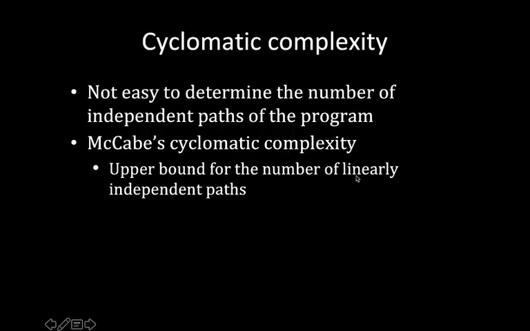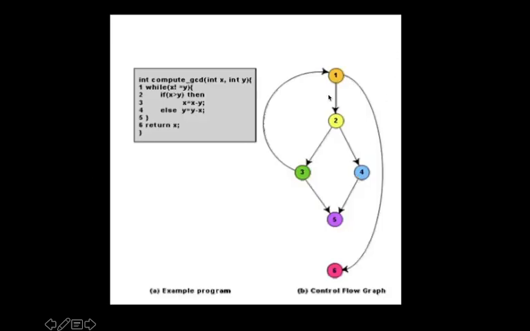Here there are different linearly independent paths. I can find paths like 1, 2, 3, 5, then 1 and 6. This is one linearly independent path.